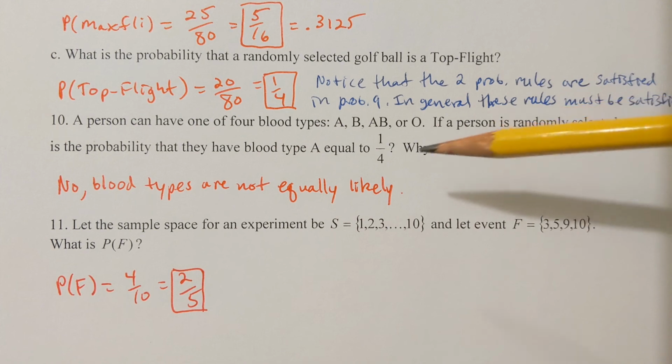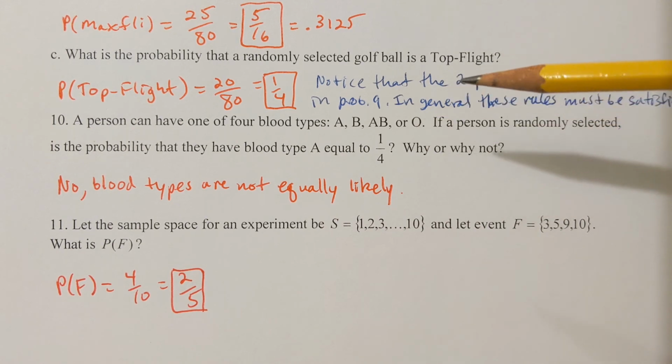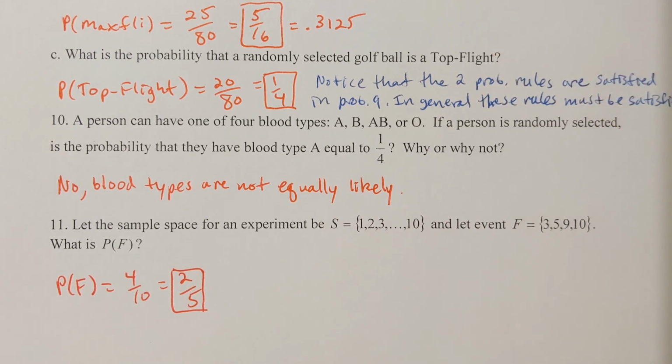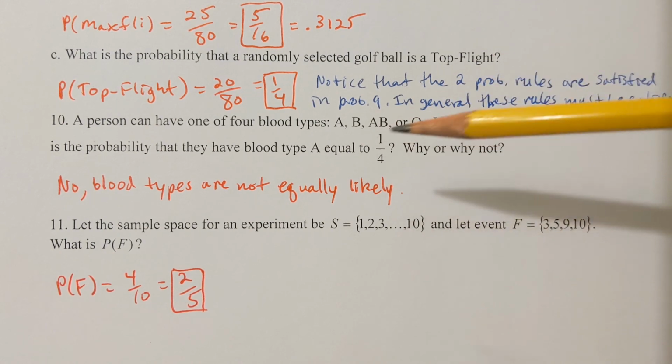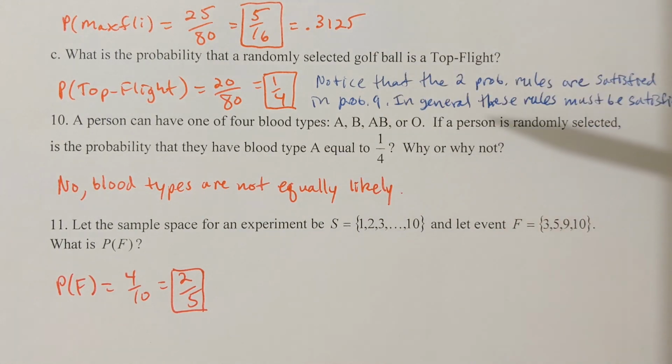Blood type AB is the rarest blood type. I think only 4% of the people in the world have blood type AB. So the fact is that they're not equal in size. If they were exactly the same size, then yes, it would be 1/4. But I have said there that no, blood types are not equally likely.